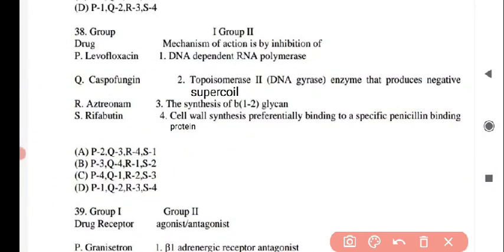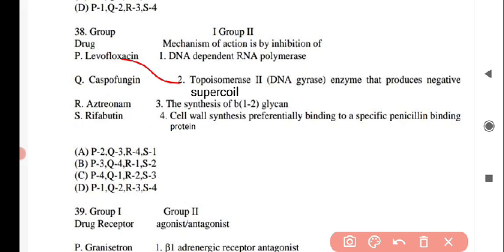Then in the next question, the group 1 contains the drug and the group 2 contains the mechanism of action. For the first drug, that is levofloxacin, the correct answer is option number 2, that is topoisomerase 2, that is DNA gyrase enzyme that produces negative supercoil. Next drug is caspofungin.